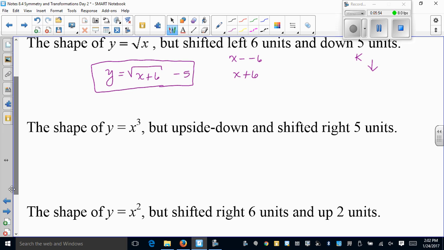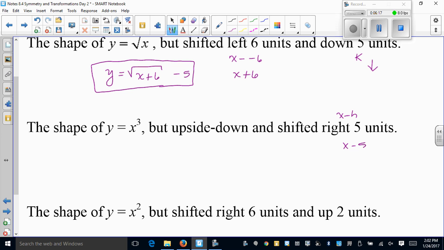So the next one, x cubed, but turned upside down and shifted right 5. Shifted right 5. This is your x minus h. Anytime they say left or right, h for horizontal. So since you're going to the right 5, your h value is 5. So it's just x minus 5. It is grouped with the x.